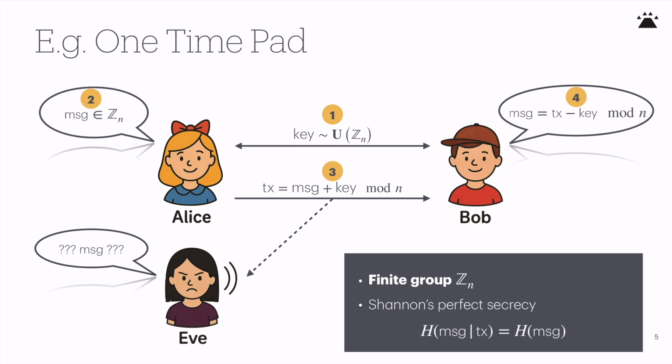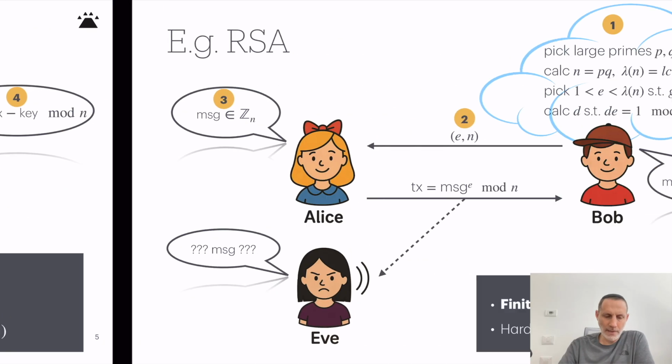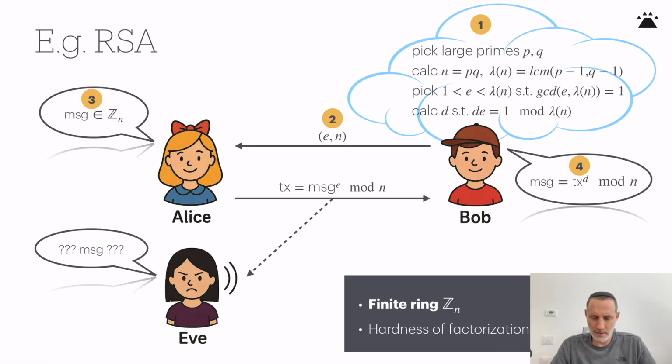One-time pad is a symmetric scheme. It assumes that we've got a shared secret key, and it builds on just additive homomorphism within a finite group Cn. Our next example is RSA. RSA is an asymmetric scheme.